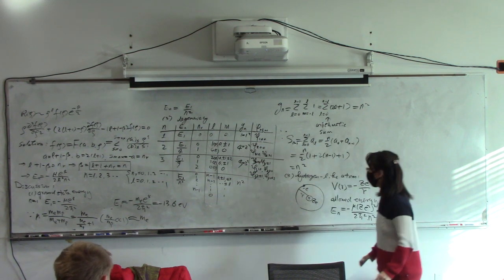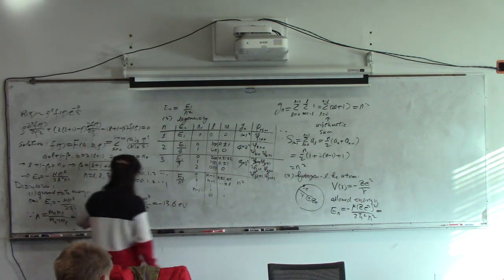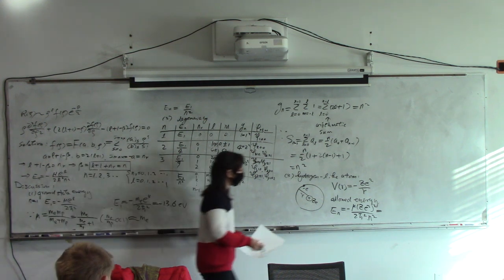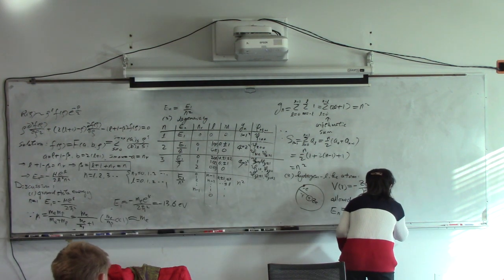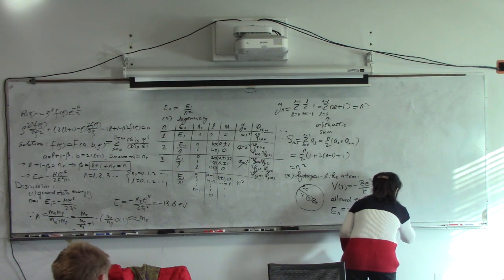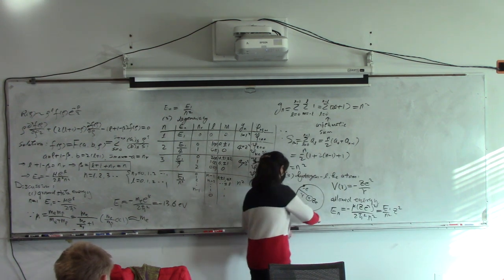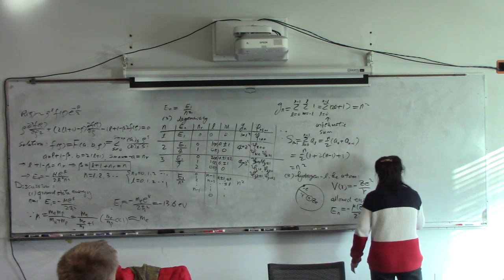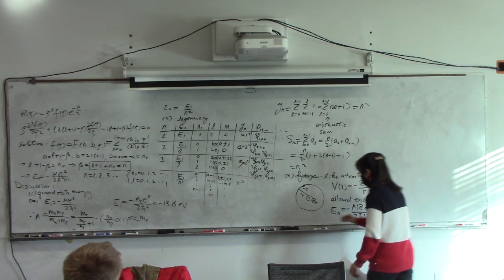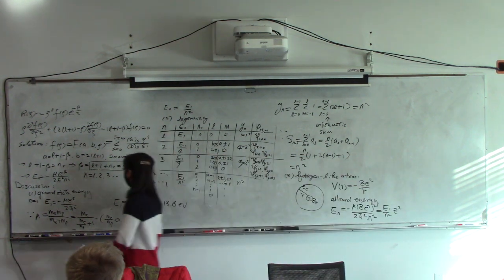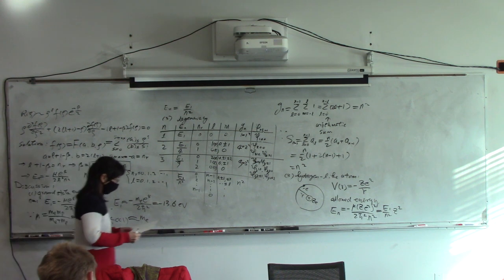Now, if we define E1 as this number, you will see it is E1 over n squared and Z squared. The only difference is that we multiply by this factor here. So all the other things we can discuss the same way.